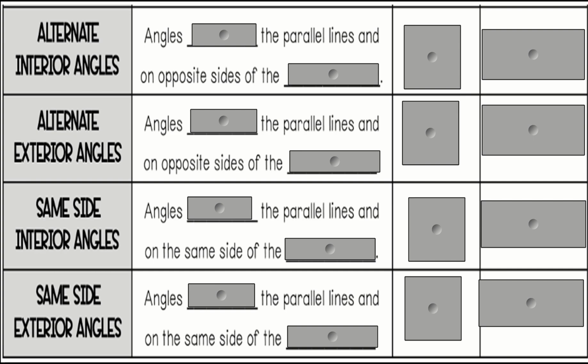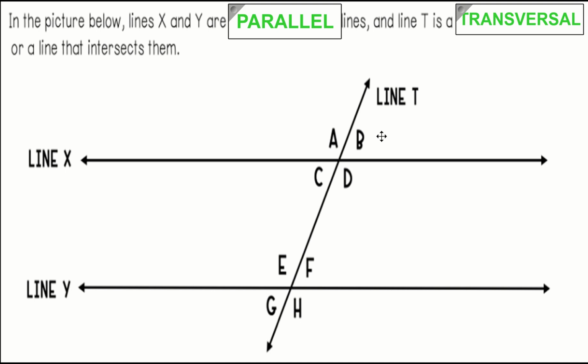Unfortunately, like I said, there's a lot to this table, right? Alternate interior angles are angles inside the parallel lines that are on opposite sides of the transversal. So if we look at our picture, that's C and F and D and E. So if we go back, D and E are on opposite sides of the transversal, but they're on the inside of the two parallel lines.